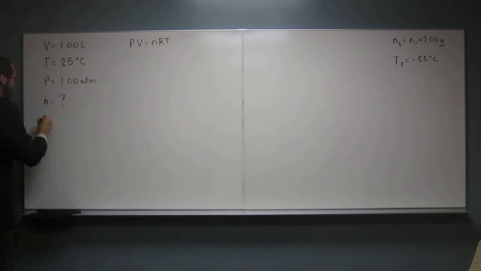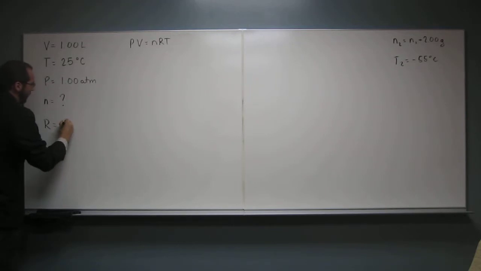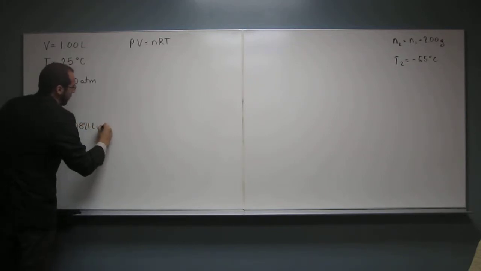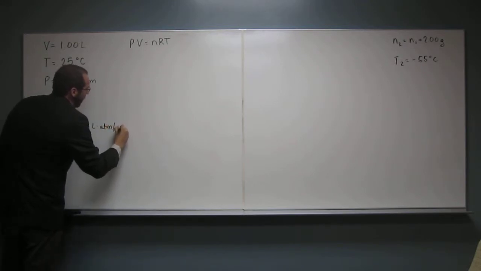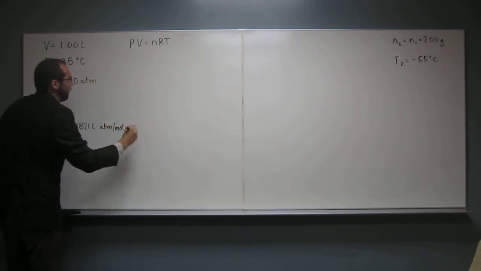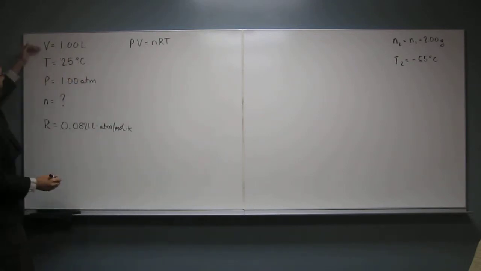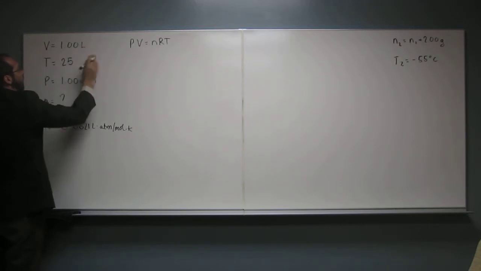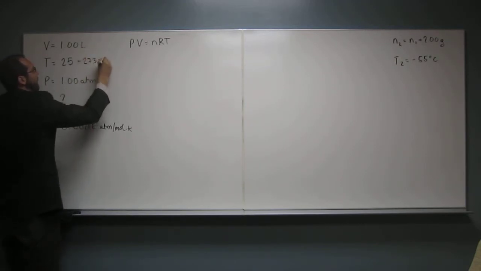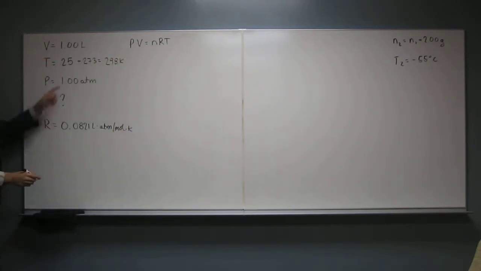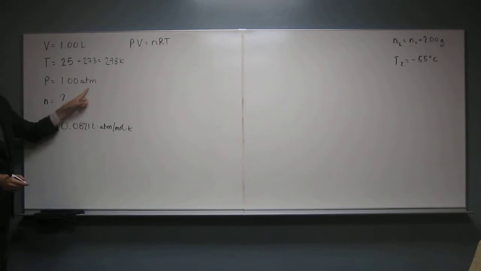And we know R, that's given to us, 0.0821 liter atm per mole Kelvin. Well, the temperature isn't in the right units, so plus 273, it's going to be 298 Kelvin. Now that's in the right units.